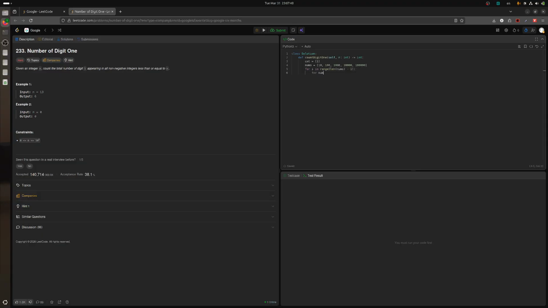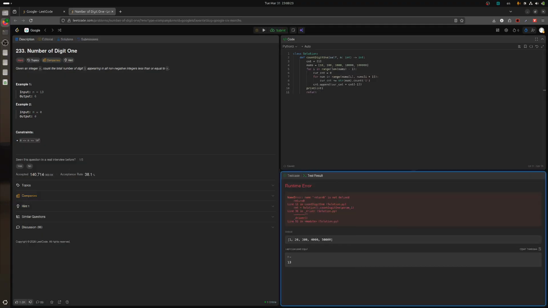And then we go for num in range nums i plus 1. Full count is that, and then full count plus equals string num count 1, and then cent append full count plus cent minus 1, and then print count, and then return 0.